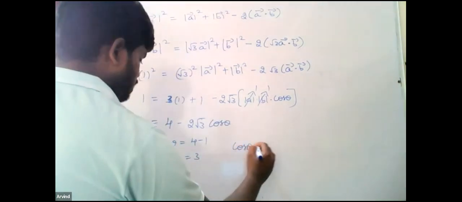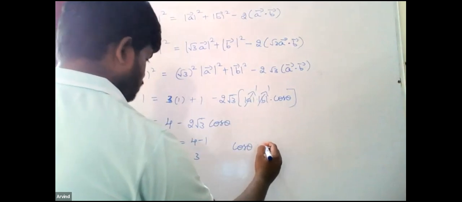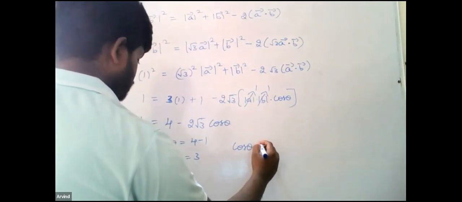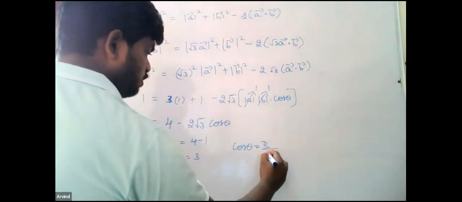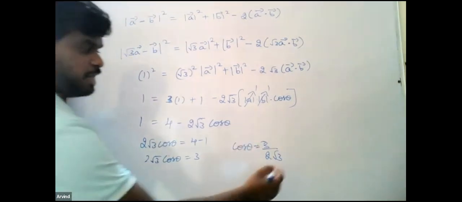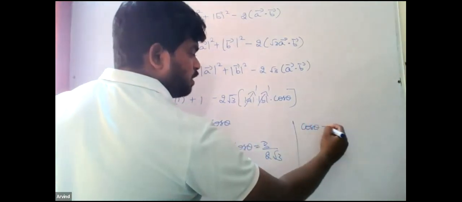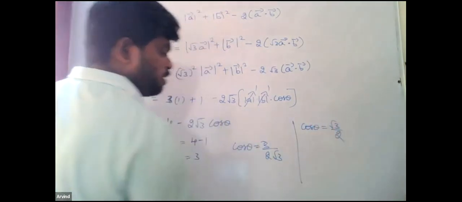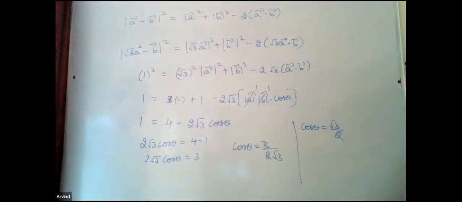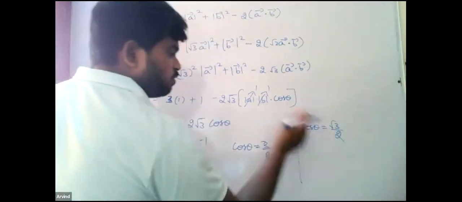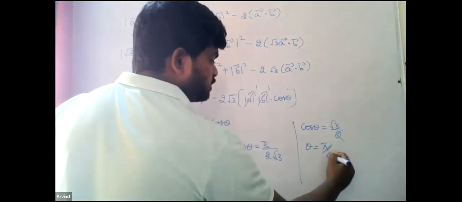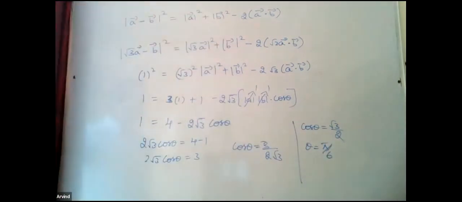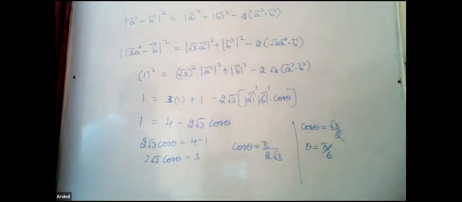Therefore cos theta equals 3 by 2 root 3, right? So if you rationalize here, you get cos theta as root 3 by 2. Rationalizing root 3, you will get root 3 by 2. So cos theta is root 3 by 2 implies theta is pi by 6. That's the value. So you have to remember this formula, that's it.